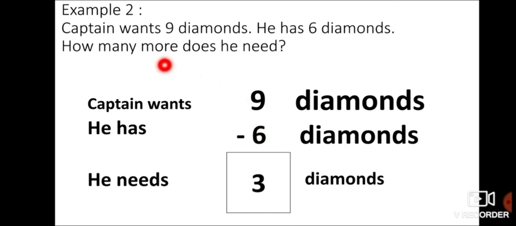We have to find out how many more he needs. To find this out, we have to subtract 6 from 9. So he needs 3 diamonds. 9 minus 6 is equal to 3. Therefore he needs 3 diamonds.